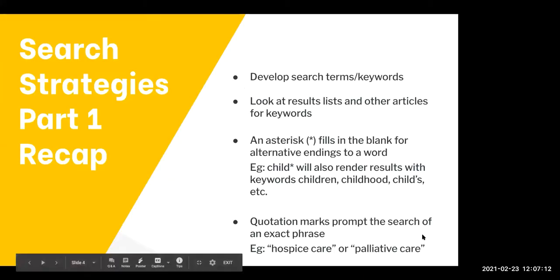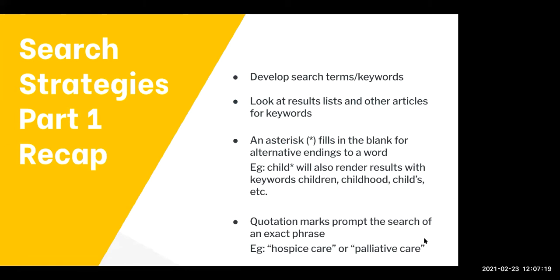And just to recap Search Strategies Part 1, before you start the research process: developing your search strategies and keywords, and looking at the results list that you get. A lot of times it's helpful to look at the results, get an idea of the types of words that people are using to help you source additional keywords.